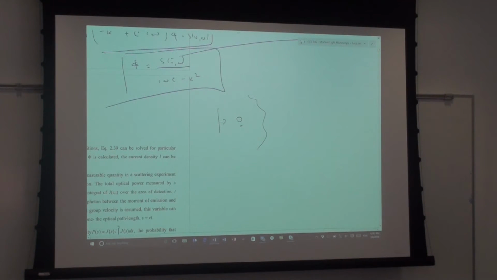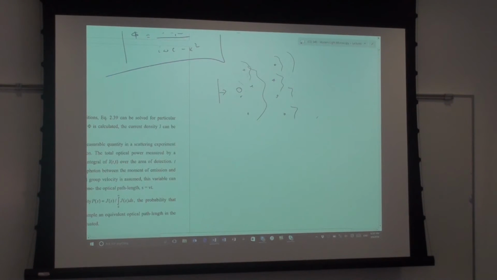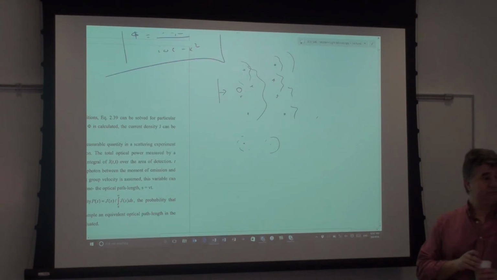So I'm trying to model my tissue as made of particles, let's say. Okay, I have a distribution of these particles. So each particle scatters in a certain way. If my particle is very small, it will scatter isotropically, like we've seen, right? These are kind of Rayleigh particles.